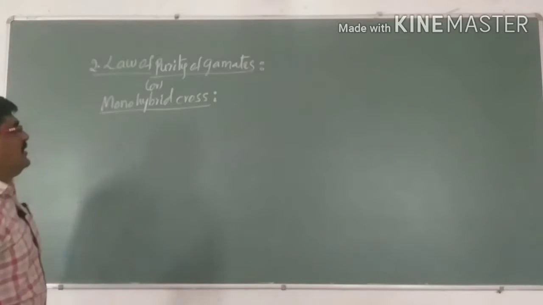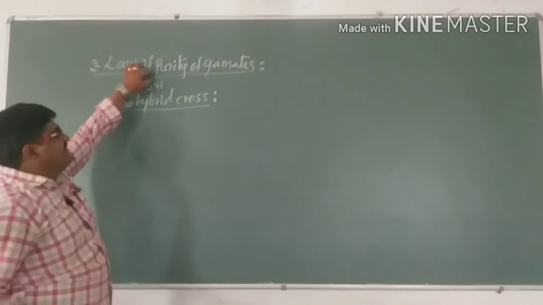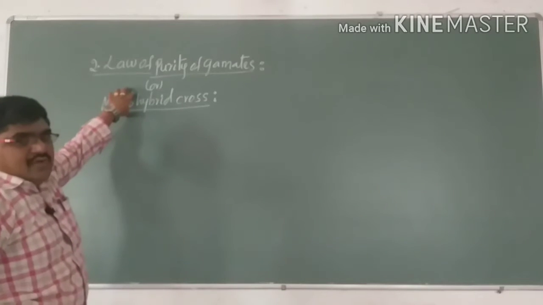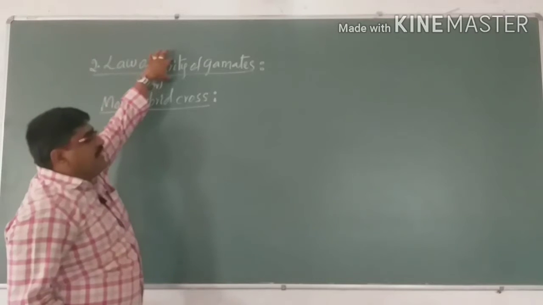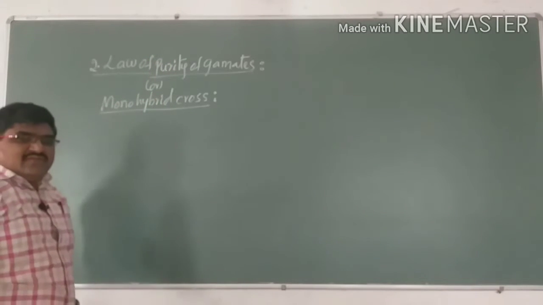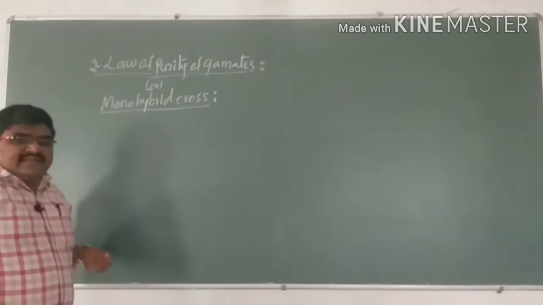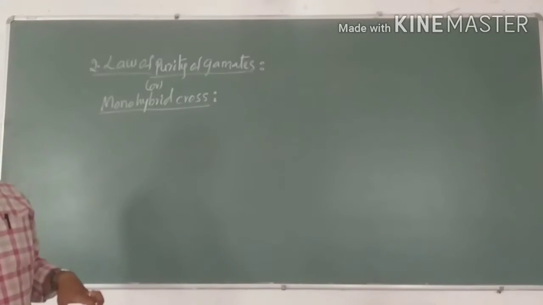So why can we call it the law of purity of gametes or monohybrid cross? It means we are able to produce purely the characters that we started with; those characters are produced in the young ones.